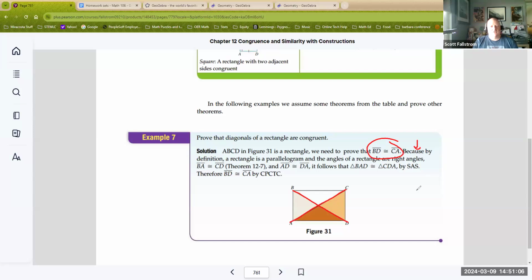my actual proof. I'd say, okay, Scott, a rectangle is a parallelogram. Got it. So that means those are parallel and these are parallel. Okay. And what do I know? I know it has to have a right angle. It's a parallelogram with one right angle.